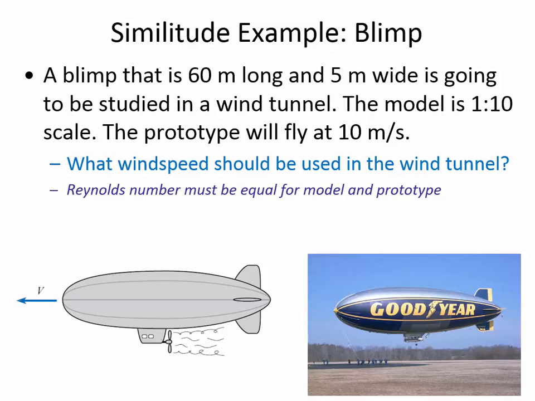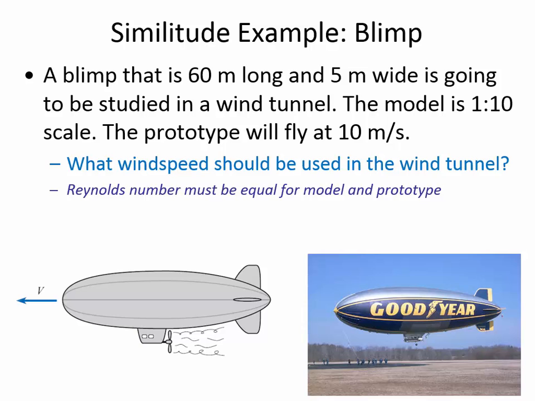So velocity of the prototype, length of the prototype, density of the prototype, and fluid viscosity that's used with the prototype. So we want to set all of those things equal. Now here the unknown is what wind speed should be used in the wind tunnel. The wind tunnel is the thing that we're using with our model. And so the unknown is V sub m.